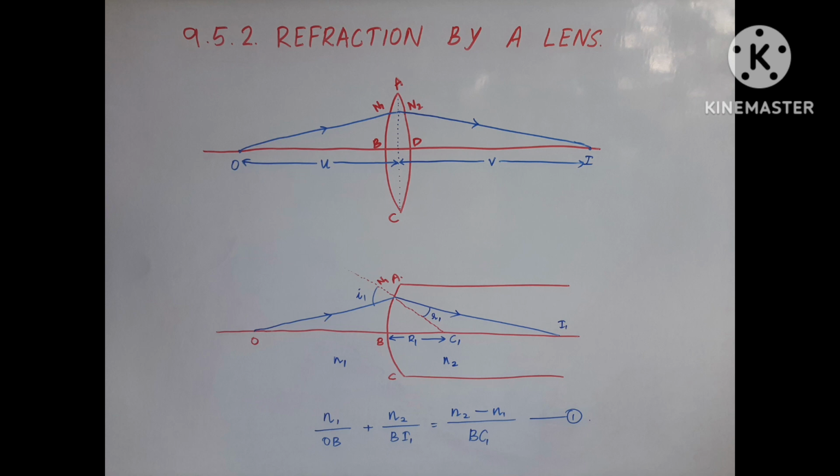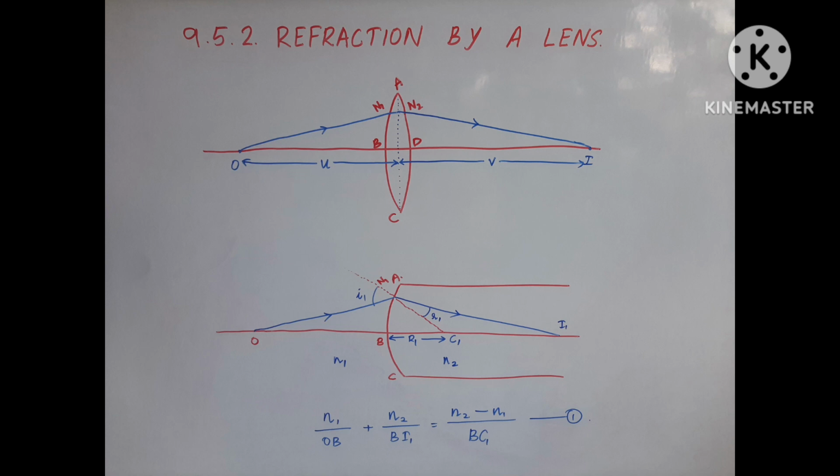Here what we imagine is that we can split the situation into two. At first, the rays from the object are incident on ABC, the refracting surface. Second, after that happens, the image is again regenerated by the next surface, ADC, and forms an image there.